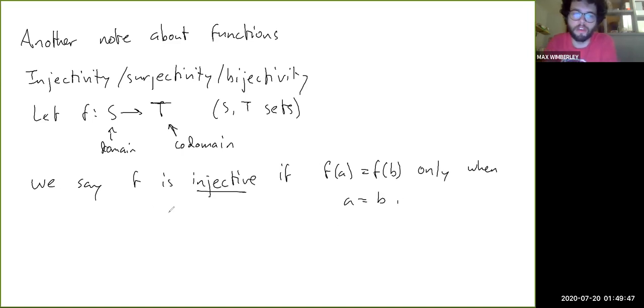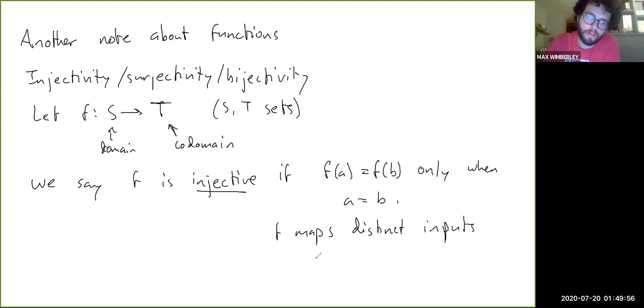Basically, f maps distinct inputs to distinct outputs.